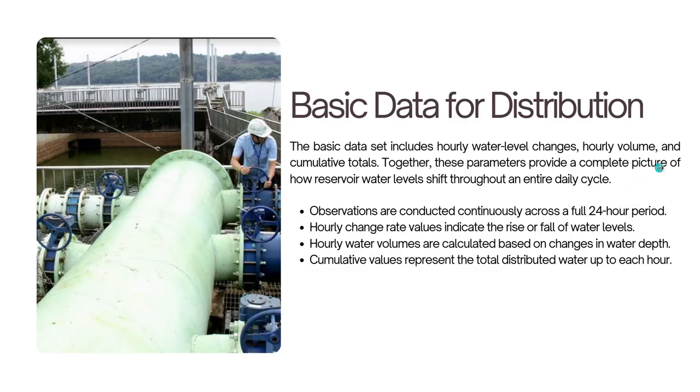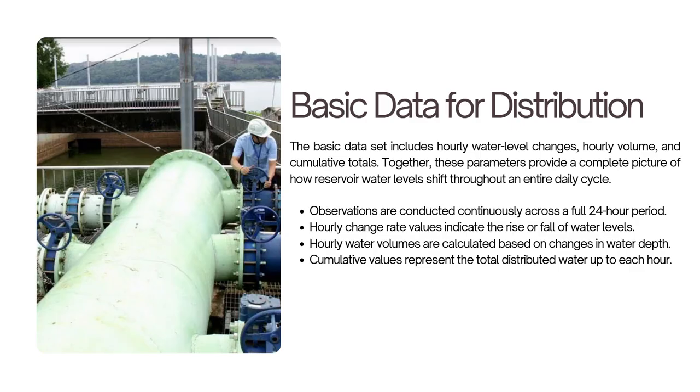First one is the basic data for distribution. The basic data set includes the hourly water level change, hourly volume, and cumulative total. Together, these parameters provide a complete picture of how reservoir water level shifts throughout an entire daily cycle. There are 4 points about basic data for distribution.